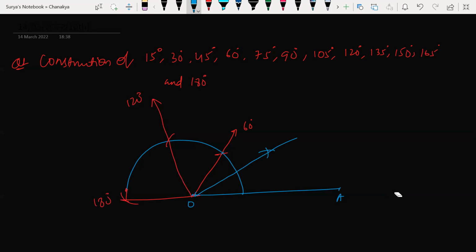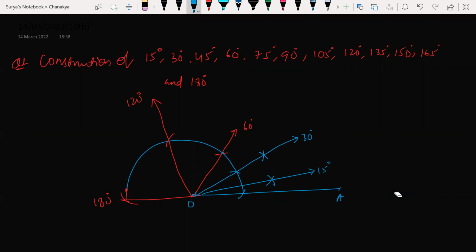I'll join this too. Okay, that is my 30 degrees. In last class, I told you. Hope it is clear. If you want 15 degrees, again from this you join here, something like this, that is 15 degrees. Hope it is clear with everyone.